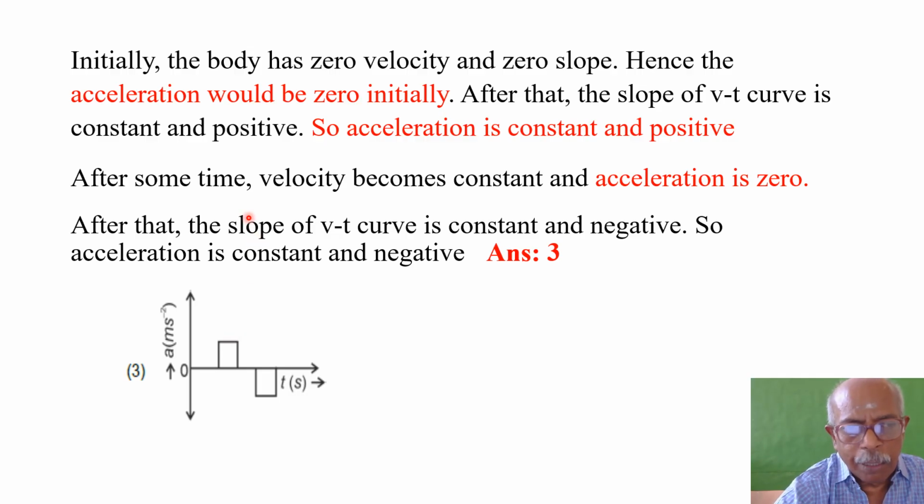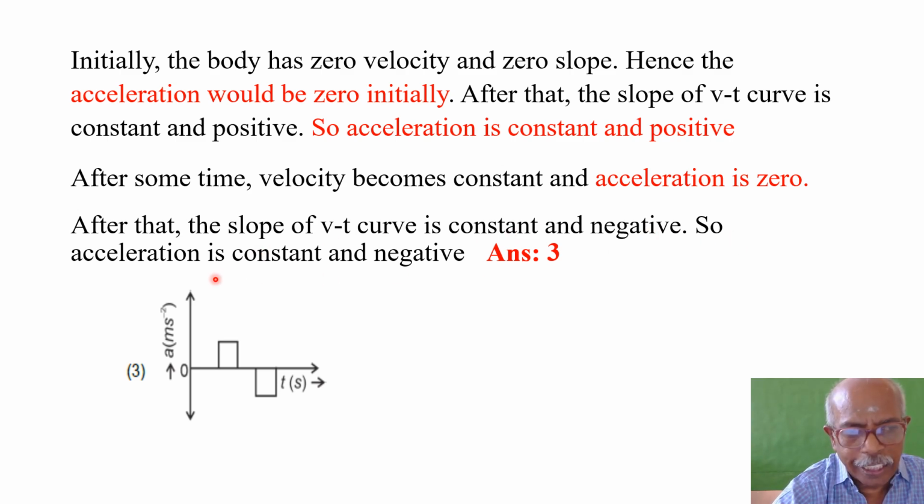Okay? After some time, velocity becomes constant and the acceleration is zero. For all these points, acceleration is zero, where in the figure given in the question, you had constant velocity. Here you have zero acceleration. After that, the slope of the Vt curve, we saw it going up and then coming down, right? There the slope is constant and negative.